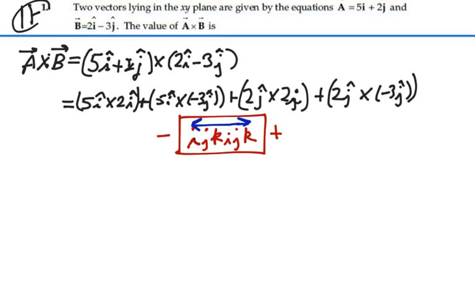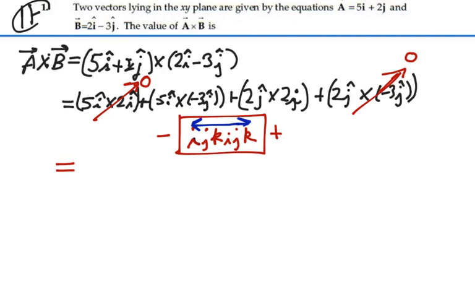If we go to the left, we end up with the next vector, negative. Any vector crossed with itself is 0. So in this first term, we have i cross i, which gives us a 0. We also have over here a j cross a j, that will be a negative 6 times 0, which would be 0.